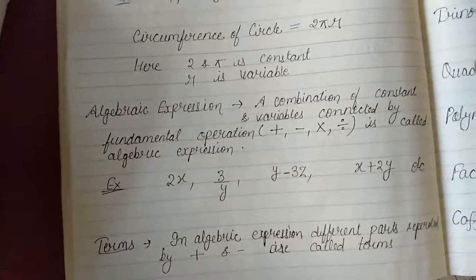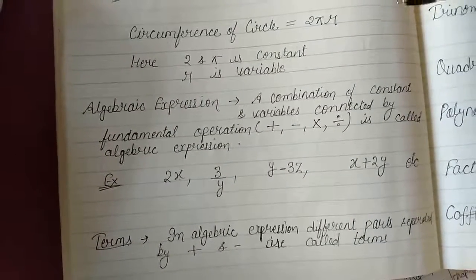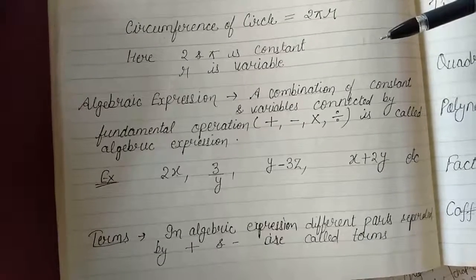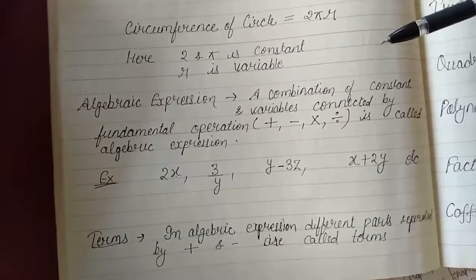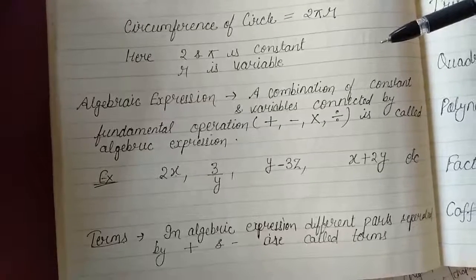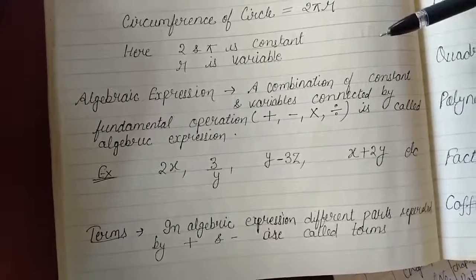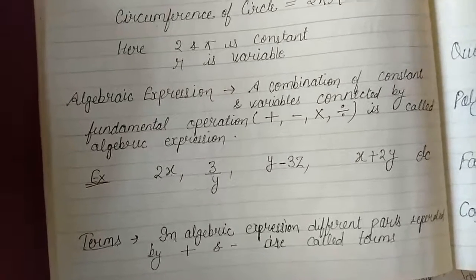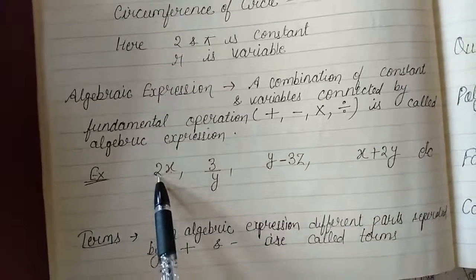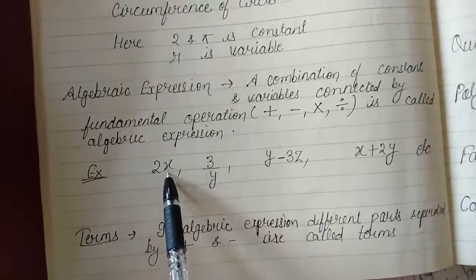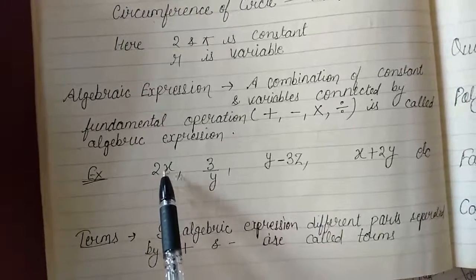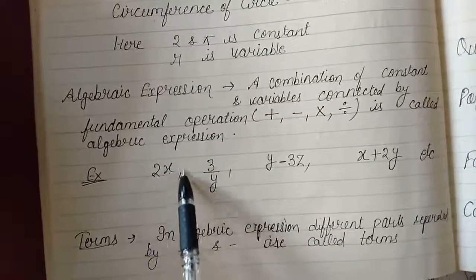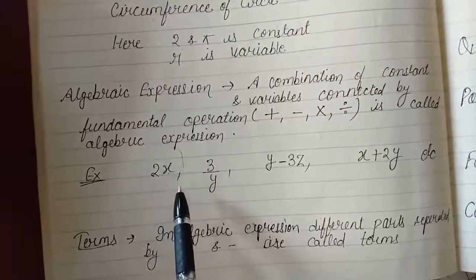Now, algebraic expressions. The combination of constants and variables connected via fundamental operations like addition, subtraction, multiplication and division is called an algebraic expression. Now see, this is constant and this is variable. Here 2 and x are connected with a multiplication sign, so this is an algebraic expression.